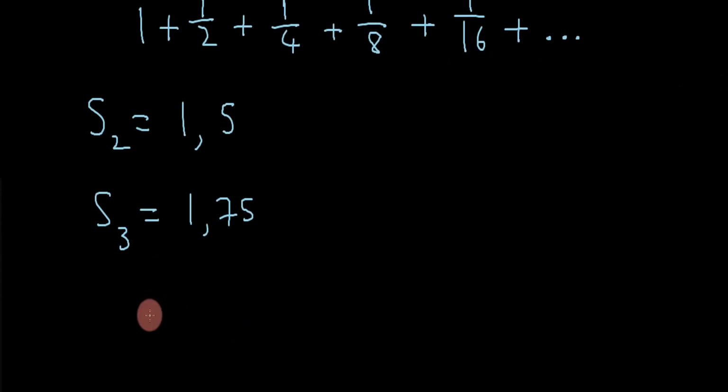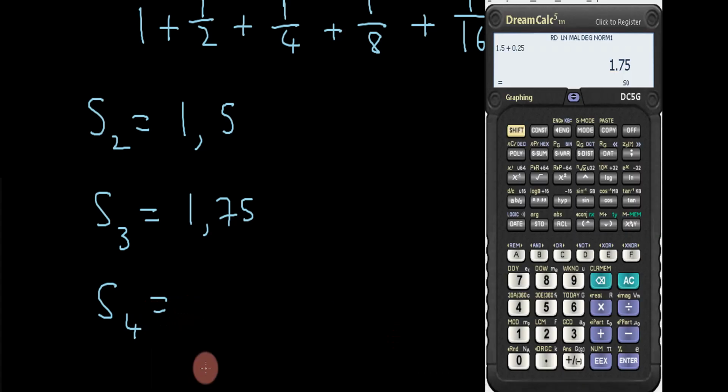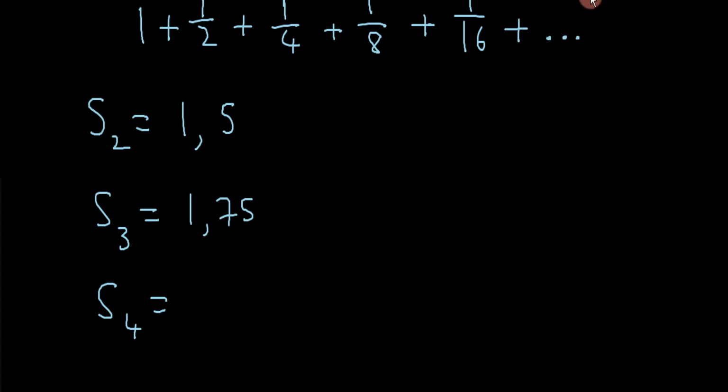Then the sum of the first 4 terms, so we're going to add an 8th to 1,75. And that's 1,875.